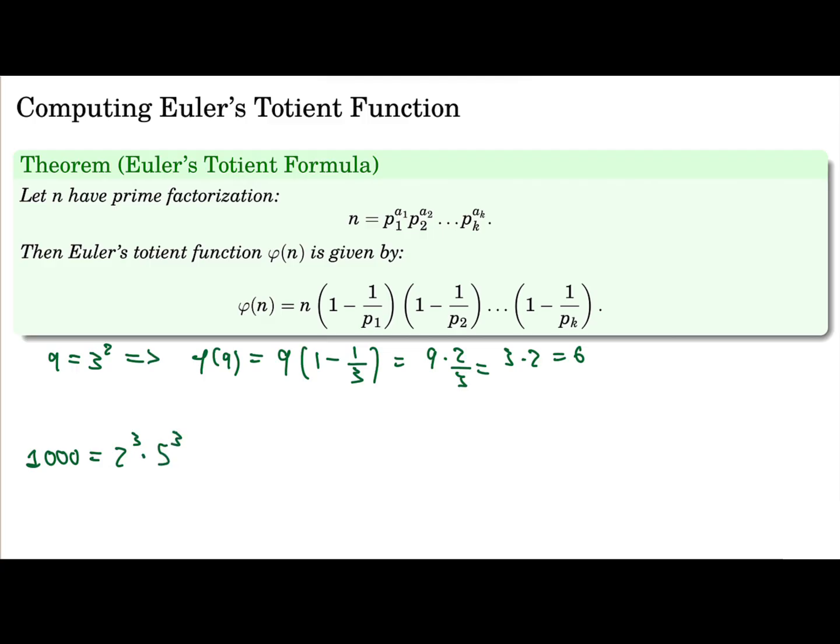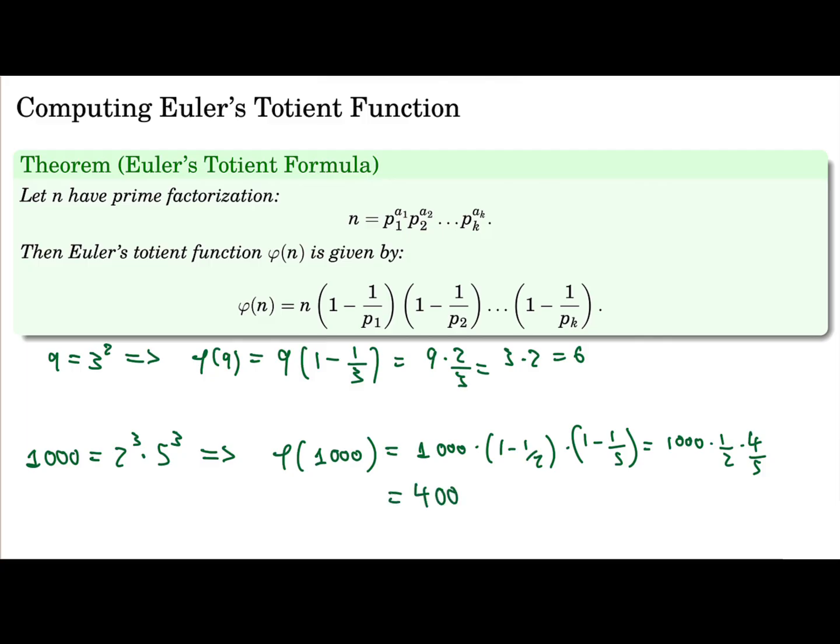And so what this implies is that the totient function of 1000 is going to be equal to 1000 times 1 minus 1/2 times 1 minus 1/5. And so this will be 1000 times 1/2 times 4 over 5, which will be equal to 400.